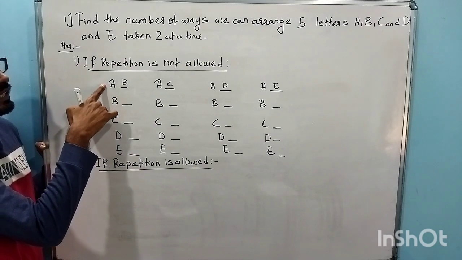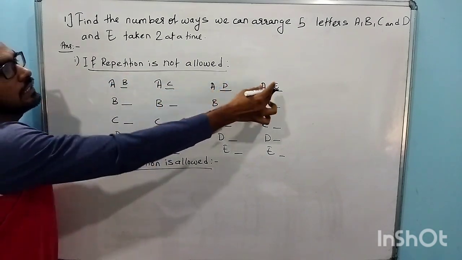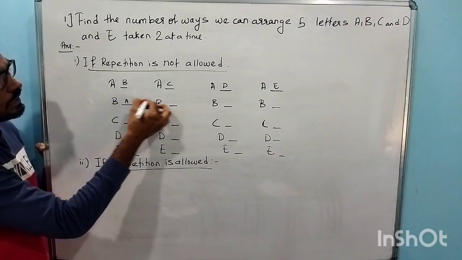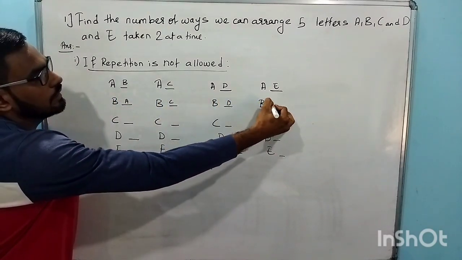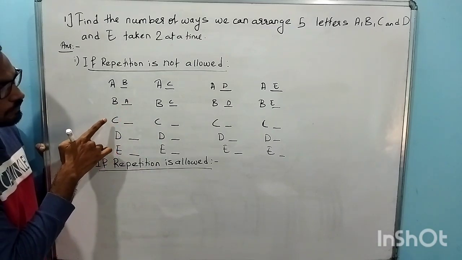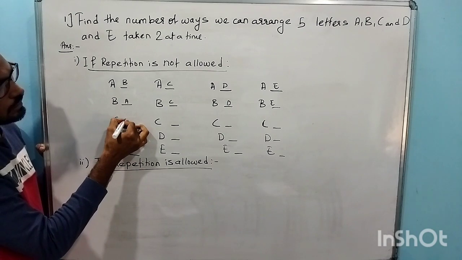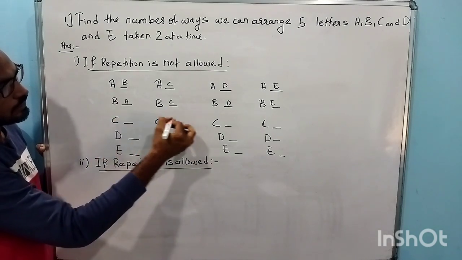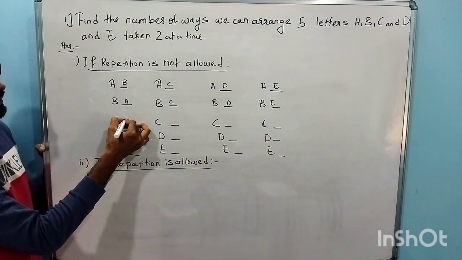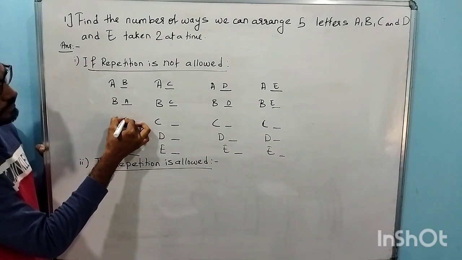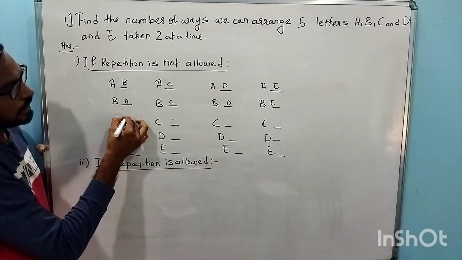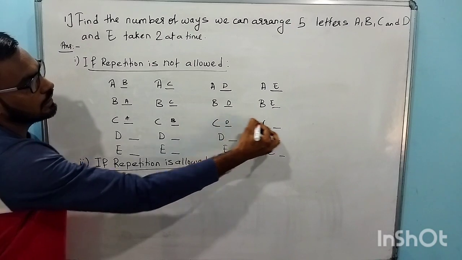If the first place is A, the second place can be filled in 4 ways: B, C, D and E. If the first place is B, the second place can be filled in 4 ways: A, C, D and E. Why? Because repetition is not allowed. We can't take B and B like this. If the first place is C, again there are 4 ways of filling the second place: A, B, D and E.